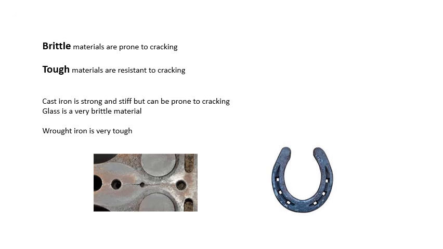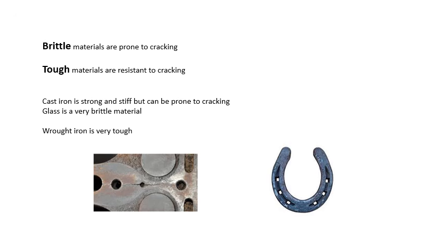Brittle. A brittle material is prone to cracking. It will crack easily. Tough materials are resistant to cracking. So brittle and tough are all about cracking. Cast iron is strong and stiff, but it is prone to cracking.